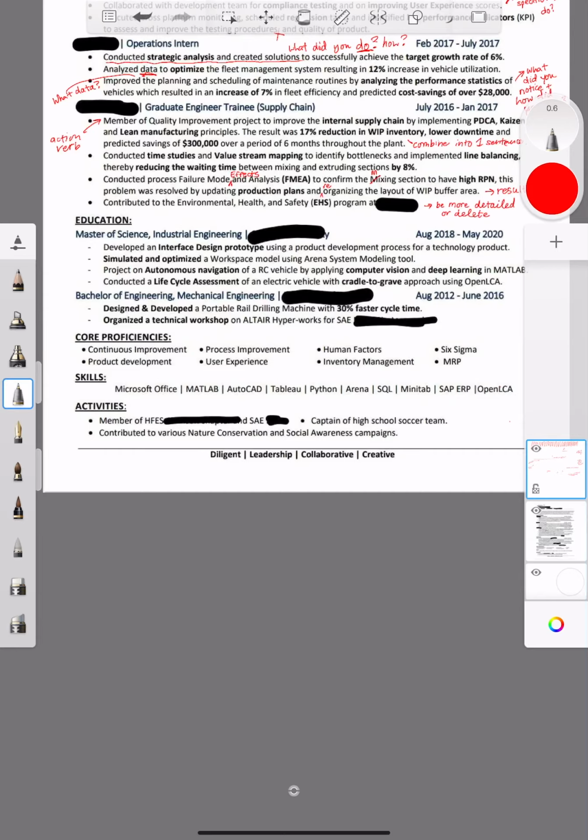Okay, let's look at this education section. They got their master's in industrial engineering. Okay, and it looks like they are listing their projects and stuff in these dashes bullet points. "Developed interface design prototype using a product development process for a technology product."